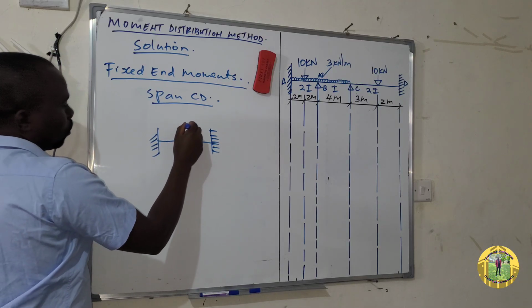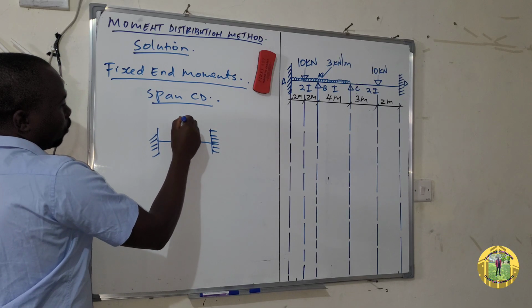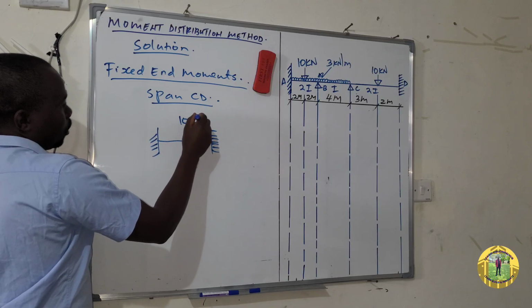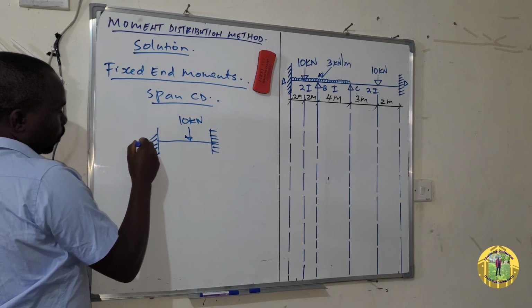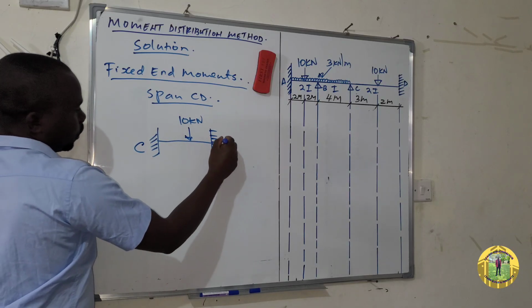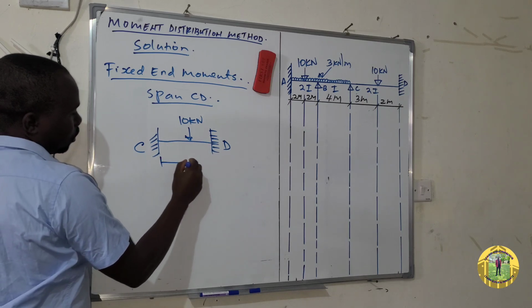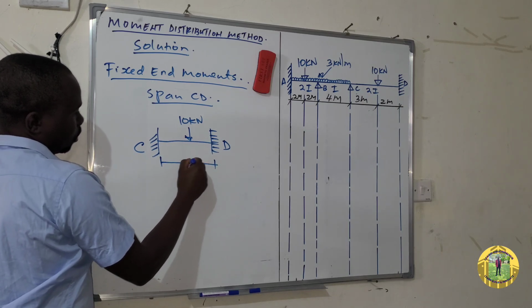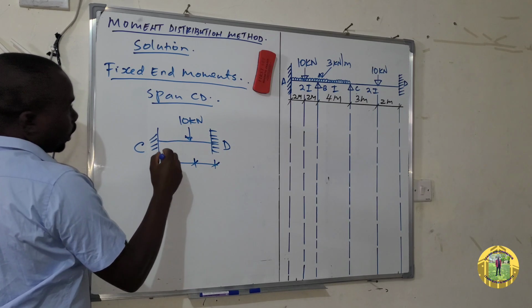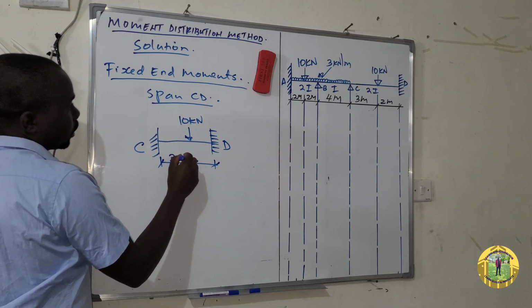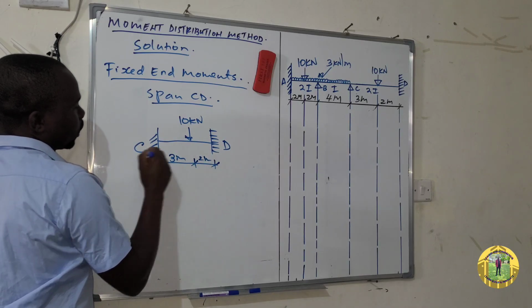Then you have a loading here of a point load of 10 kilonewton. This is C, this is D. The dimensions are 3 meters, 2 meters.